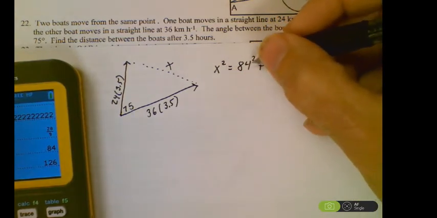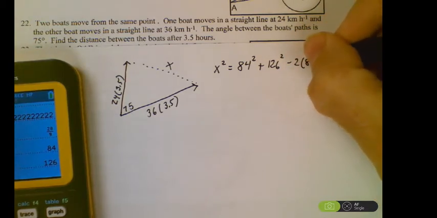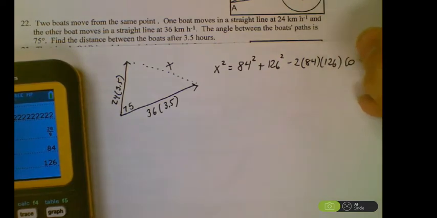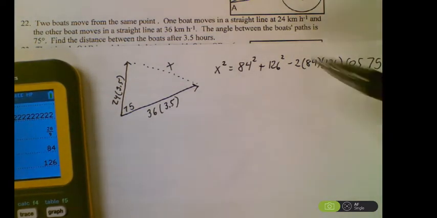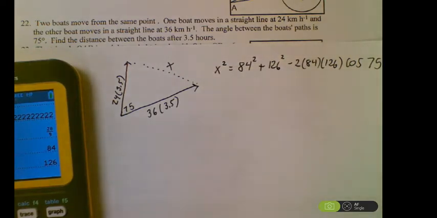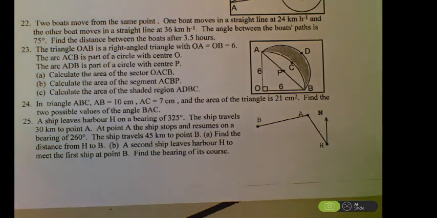So a squared equals b squared plus c squared minus 2bc cosine A. So there you go. That's the full setup right there. Just put that into a calculator. Should be in degrees. And then at the end, make sure you square root it in order to get x by itself, but that should be your distance. So let's move on here to 23.